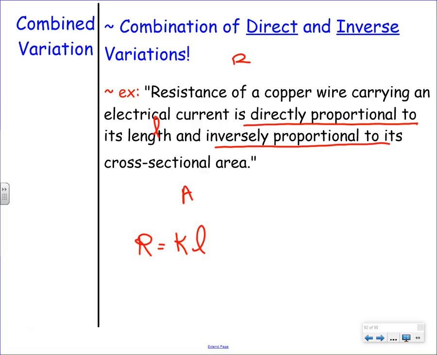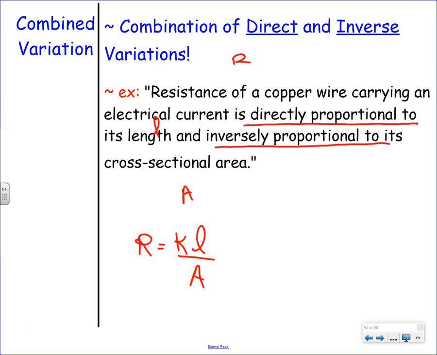But inversely proportional, here's the idea. K can be times L, there's that direct variation over A, while also being inversely related to another quantity by using division. So R, since K is being multiplied by L, R is directly proportional to L, but R is also, since there's division, R is also inversely related to A.